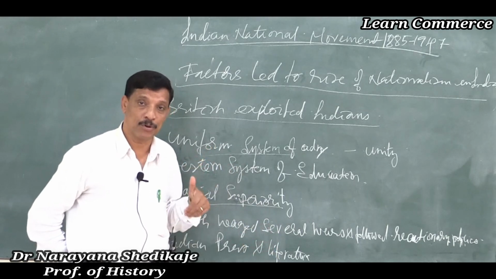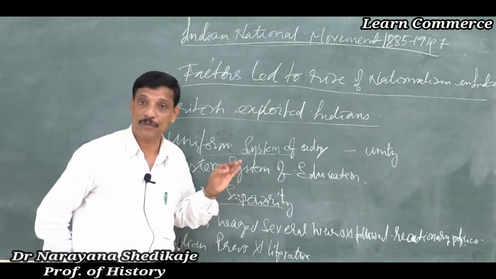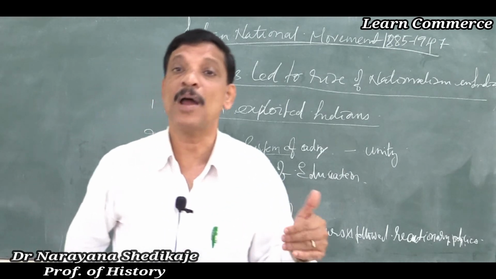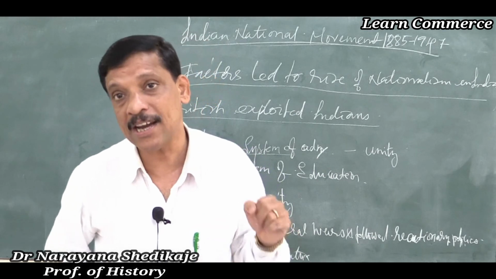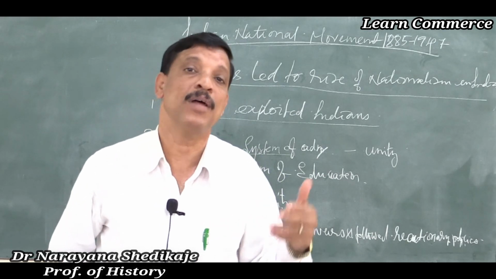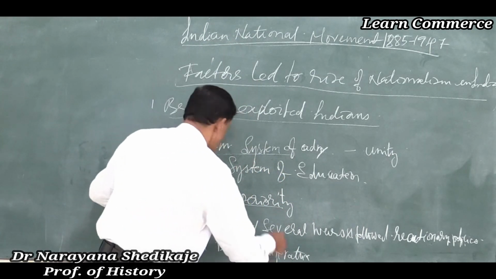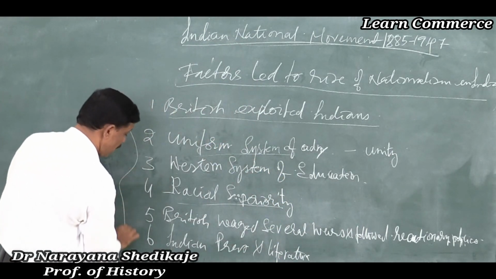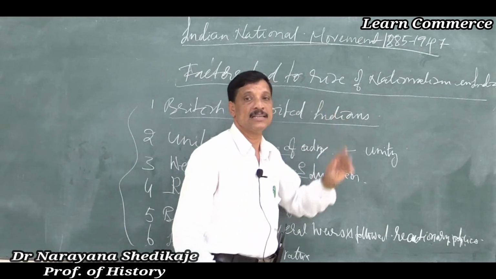Now people came to know what dangerous people the British were, and that we should fight against the British for the purpose of emancipating India, or to get independence for India from the hands of the British. And that is why these are all the important factors that led to the rise of Indian nationalism.